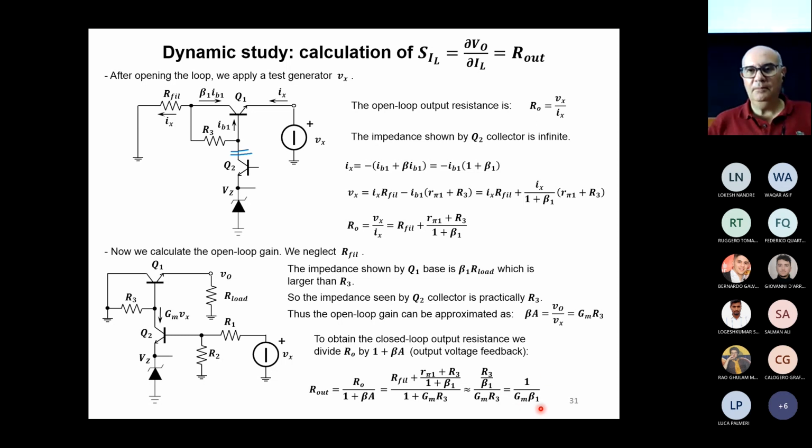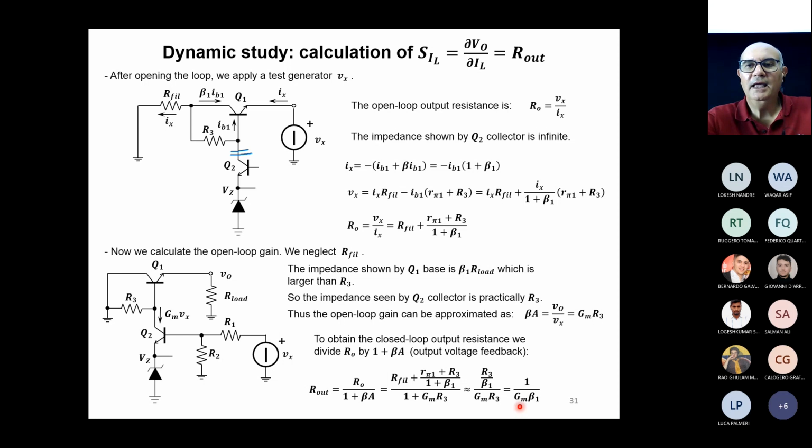Okay. Now, apart from the number of approximations that we have done, there is only one approximation symbol here. What is interesting in this formula? The formula tells us that if you want to reduce the output resistance, that means having an output voltage that does not depend on the output current, we must increase the denominator of this formula. There are two ways. We can play with GM, but we can play also with beta 1.